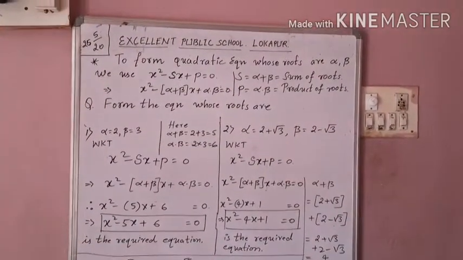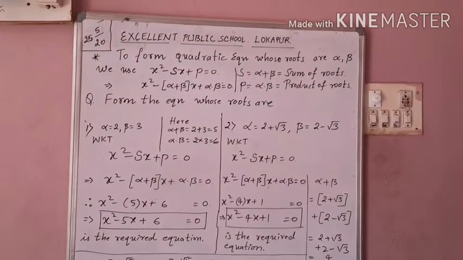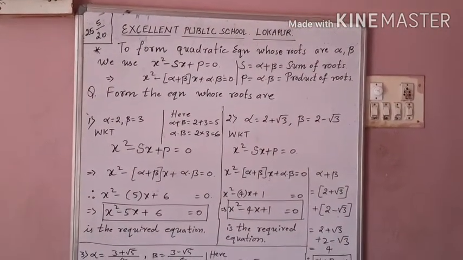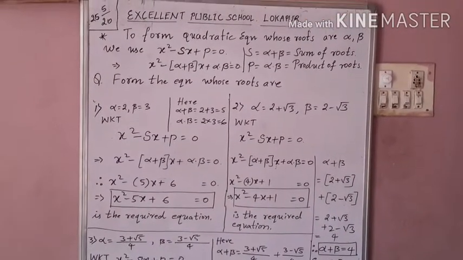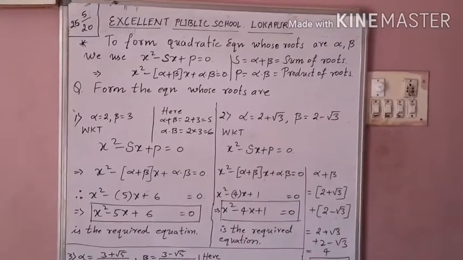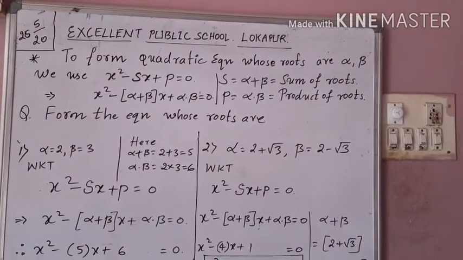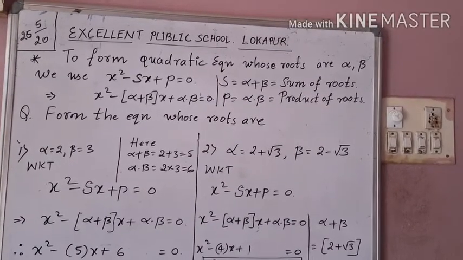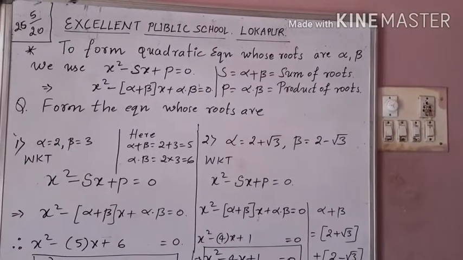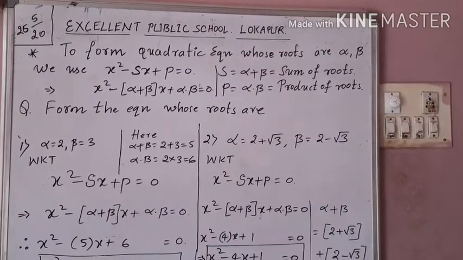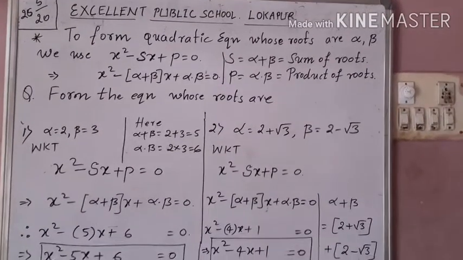Yes, let us look at the board. It is very easy for us when a quadratic equation is given to find the roots. But today in this session, we are seeing how to form a quadratic equation whose roots are alpha and beta. It means a quadratic equation should be found if its roots are given.